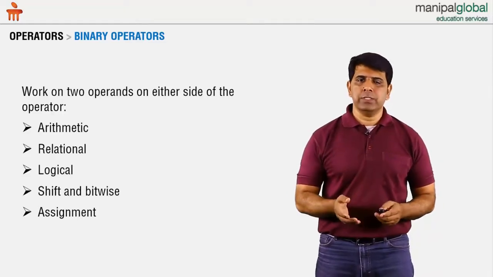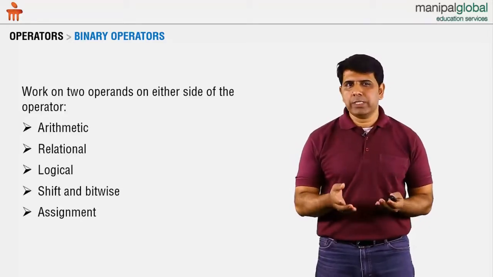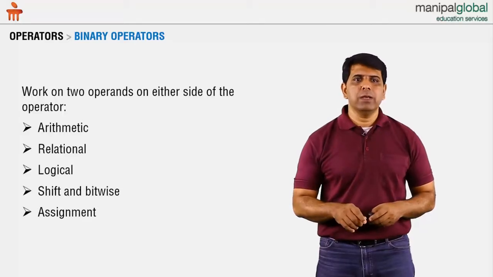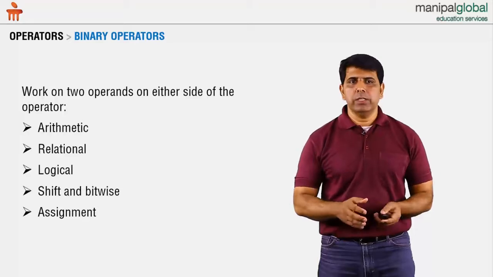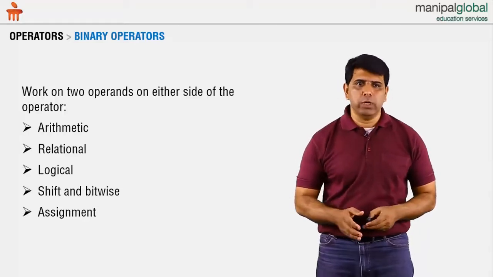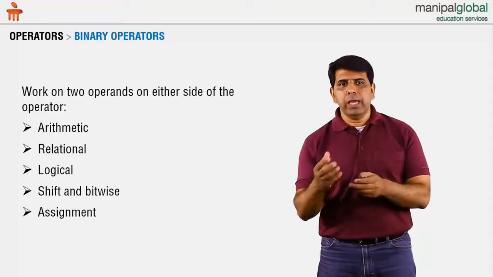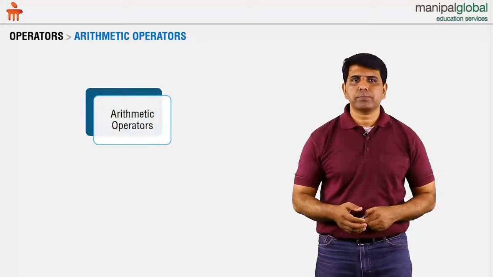Arithmetic operators, as the name suggests, do some mathematics. Relational operators compare the relationship between 2 operands. Logical operators combine multiple relational operators. Shift and bitwise operators work with the internal bits within a memory. And then there is assignment, like A equals B, B equals A, or comparison, stuff like that.